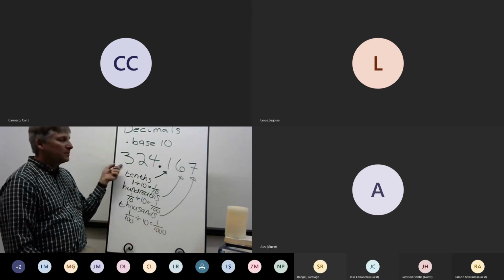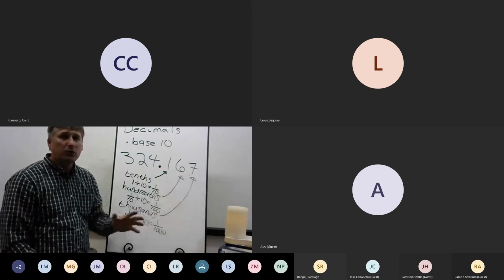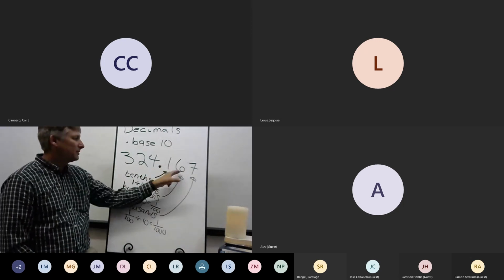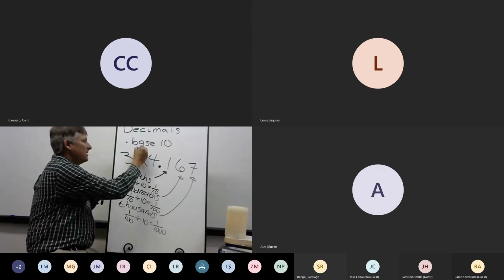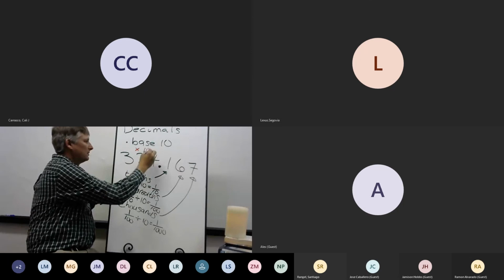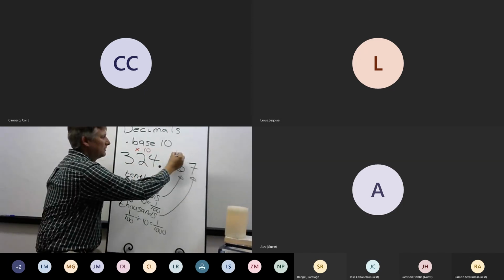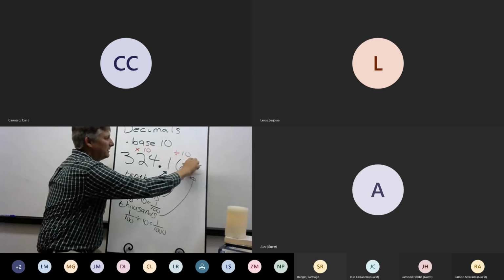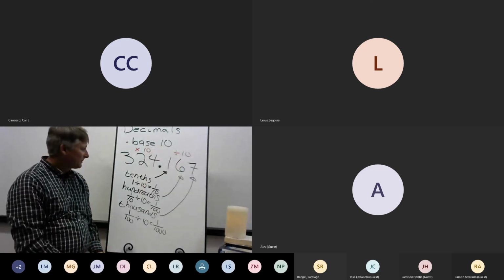So to the left of the decimal, we multiply by 10. To the right of the decimal, we're going to divide by 10 to go from place to place to place. So here we times 10 to go further out. On this side, we divide by 10 to go further out in that direction.